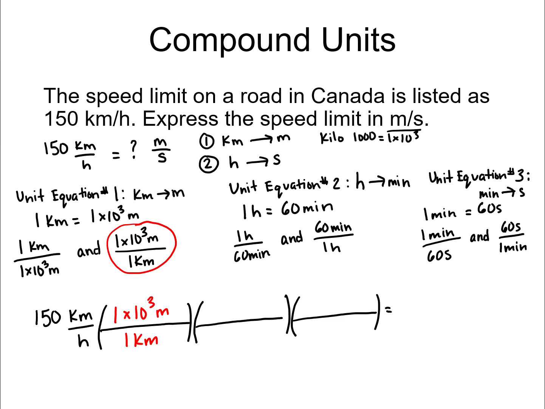First, we're going to go from hours to minutes. Since hours are in the bottom, to cancel it, we need hours in the top. Now we're in minutes. We need to get rid of those minutes and be left with seconds.